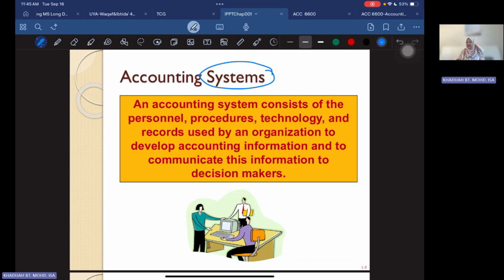That's what we call procedures. We need technology, of course, for example for recording purposes, and records used by the organization to develop accounting information. This accounting information is very important because it will be communicated for decision making. Again, we need a system to record and come up with accounting information that will be used for your decision making.